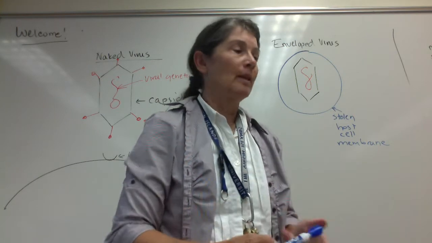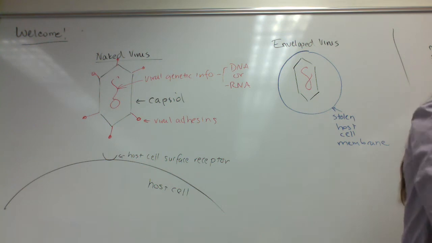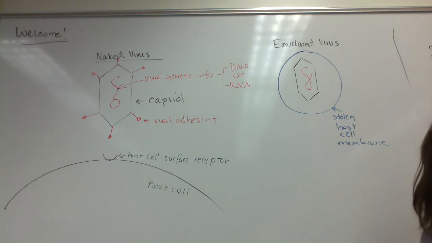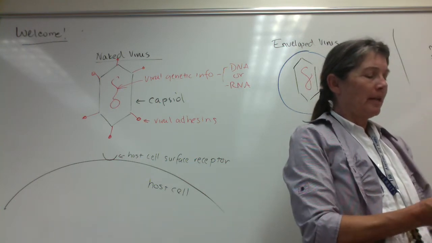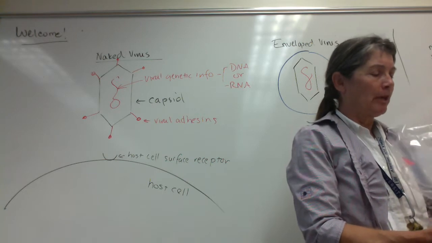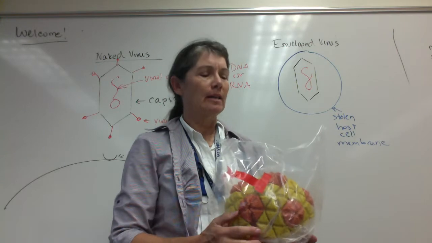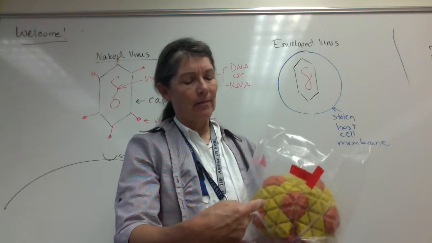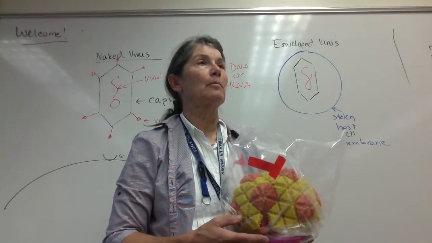So folks, and this is just goofy, me trying to make more toys. So if this bag represents the stolen host cell membrane in an envelope virus, would it make sense that the adhesins would be on the capsid? Would that make sense? It doesn't make any sense, right? Because if the adhesins are on the capsid with the envelope covering them, the adhesins can't bind to the host cell surface receptors.